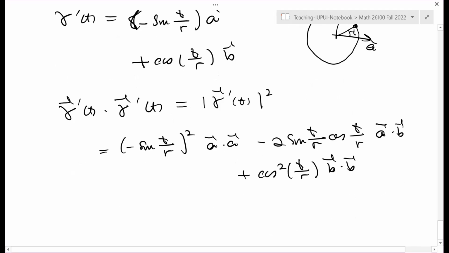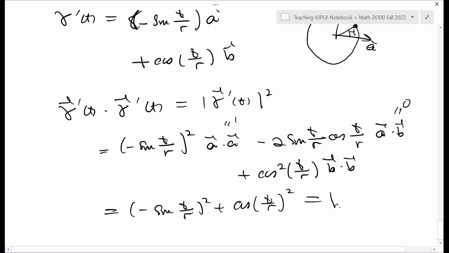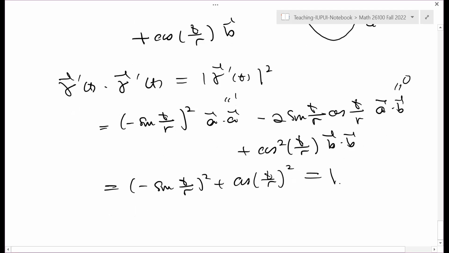The one in the middle is going to be 0, a dot a is 1, b dot b is 1. So it's sine squared t of r plus cosine squared t of r, which is 1. So it's indeed a unit tangent vector.